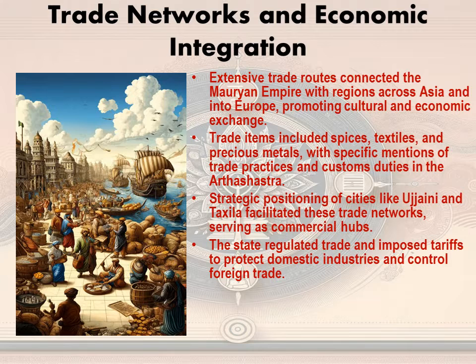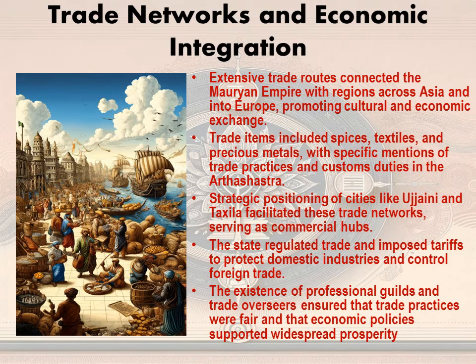The state regulated trade and imposed tariffs to protect domestic industries and control foreign trade. So, foreign trade and internal trade both were very much regulated with the help of the state and policy of different kinds of tariffs which were implemented on different kinds of trade.